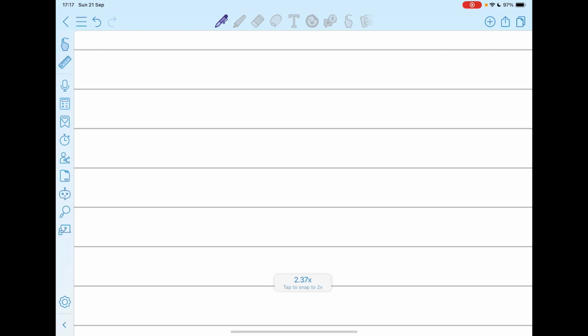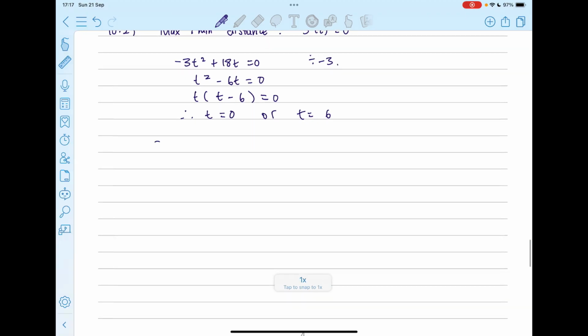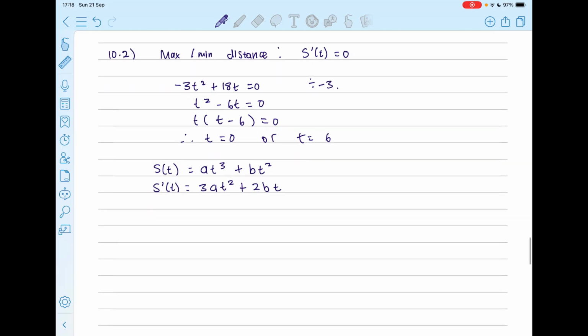Therefore, here we're going to say the original function for distance will be a t cubed plus b t squared, because we don't know what the actual function is. Then we're going to take the derivative, which will be 3at squared plus 2b multiplied by t. Now we already have this equation, so we're going to equate this one with the one we were given, to solve for the unknowns.